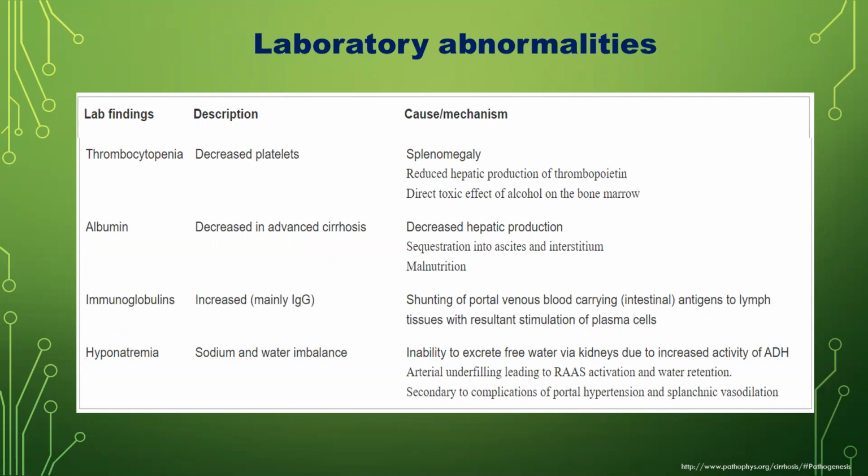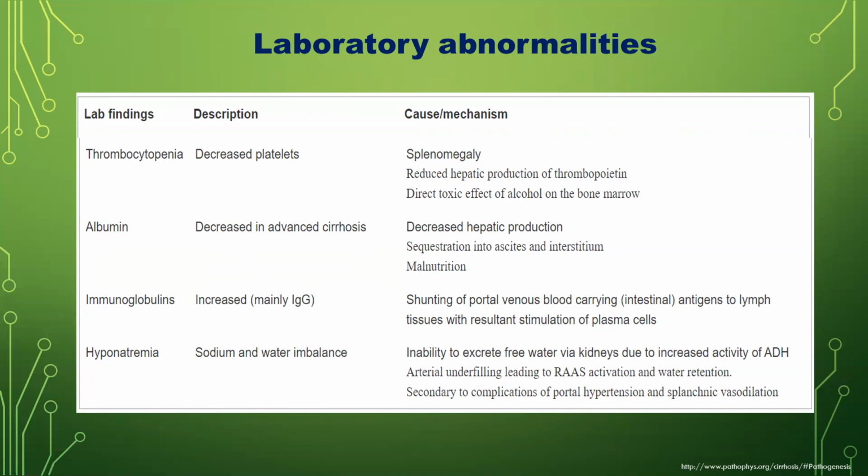Low levels of albumin are seen in the serum of patients with advanced cirrhosis due to decreased hepatic production and sequestration into ascites and interstitium, or malnutrition of the patient. Patients with cirrhosis have low levels of albumin but increased levels of immunoglobulin, especially immunoglobulin G, due to shunting of portal venous blood carrying antigens to lymph tissues, with resultant stimulation of plasma cells.